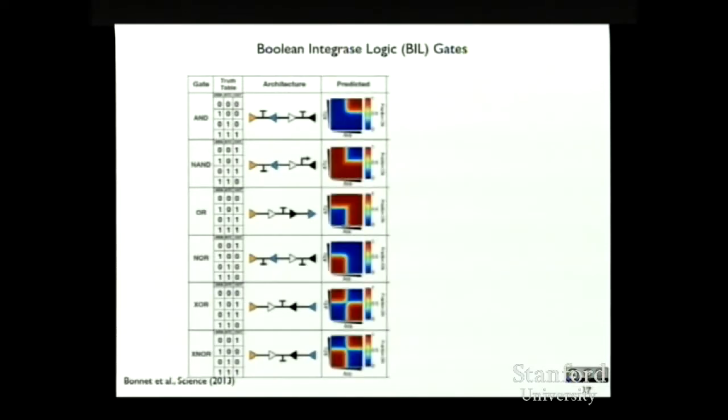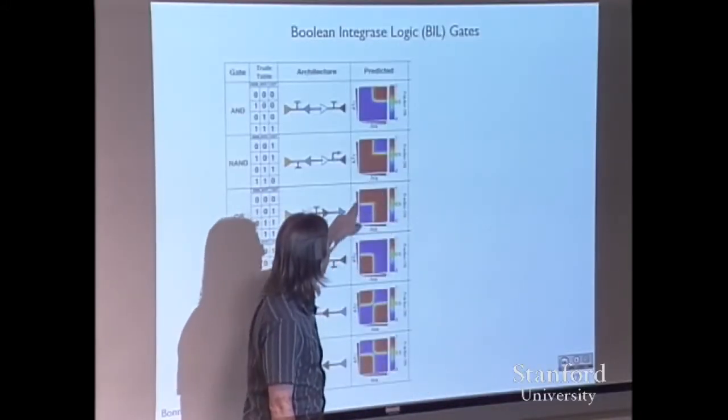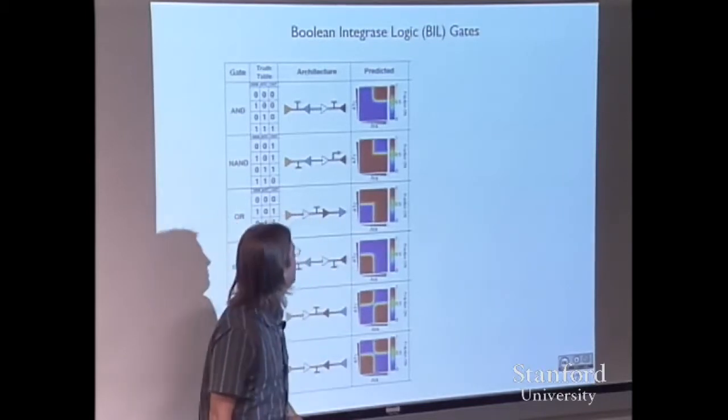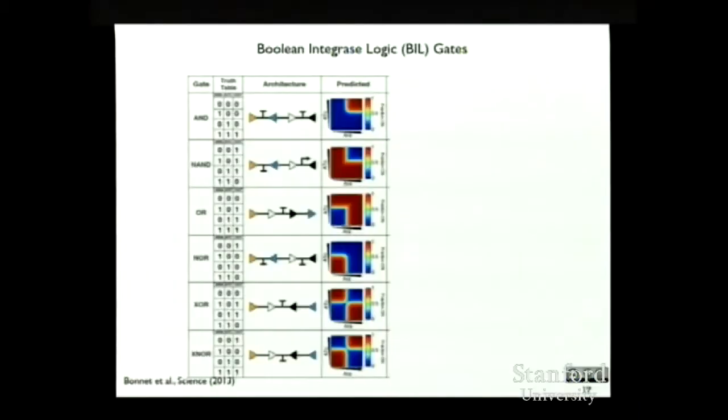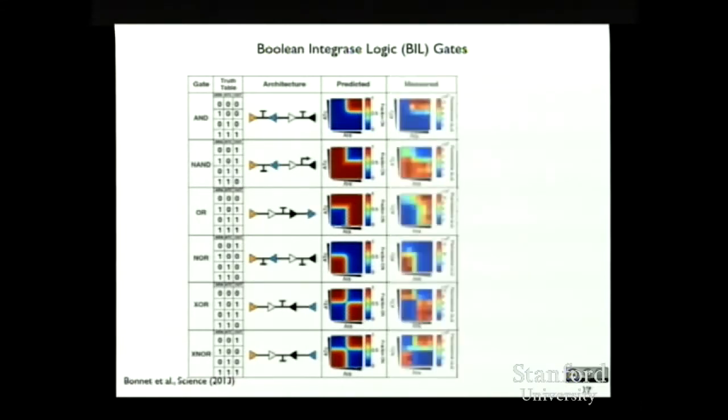This is what we would predict the logic elements would do in terms of their output state in response to control signal 1 and control signal 2, based on models showing what the propensity is for flipping DNA at different levels of the enzymes. And when we built these and put them into a population of cells and just measured the bulk properties of the cells, this was the initial data we got back.